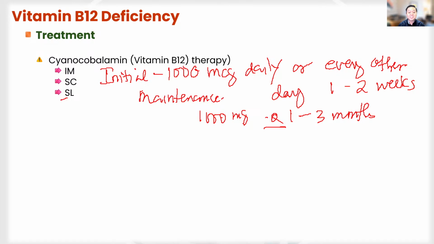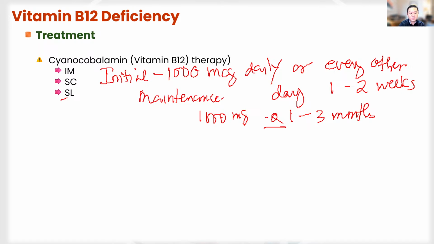Again, the sublingual route is an alternative, and this is going to be useful for those patients that may have a chronic type of vitamin B12 deficiency as well. And this is going to be taken daily or maybe a few times per week.